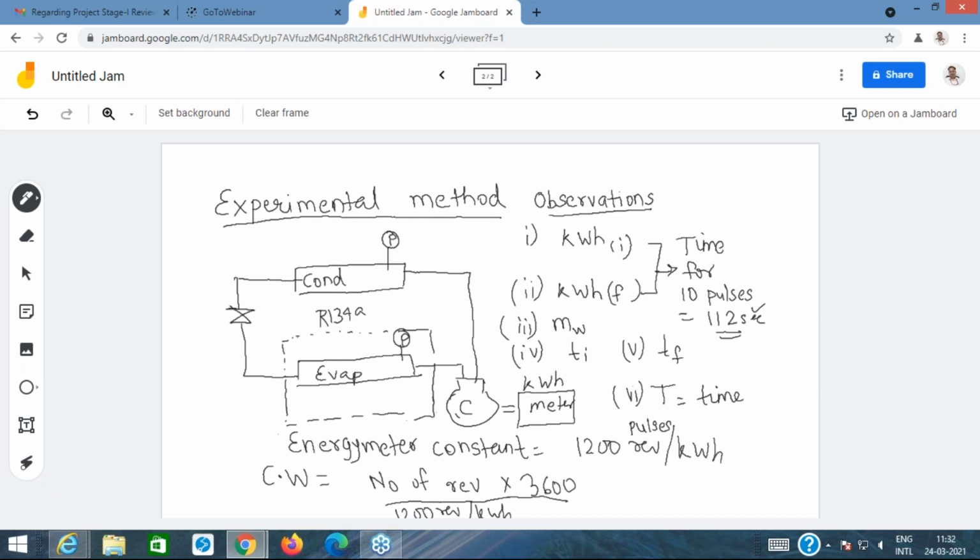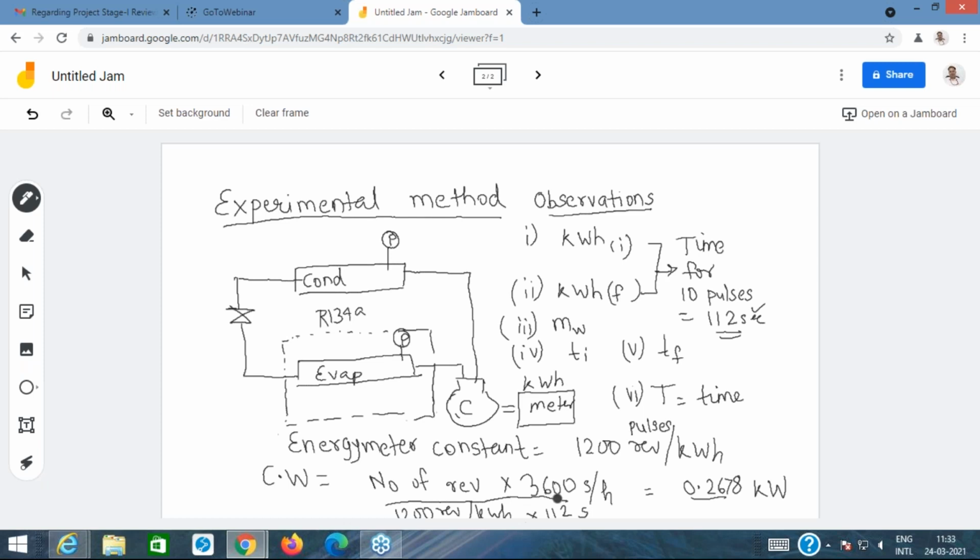The 3600 is seconds per hour. If you look at the units carefully, you would find that the unit of this would be kilowatts. So by substituting these values as 1200, 112 and 10, we got the power consumption as about 0.2678 kilowatts. Okay, is this clear?